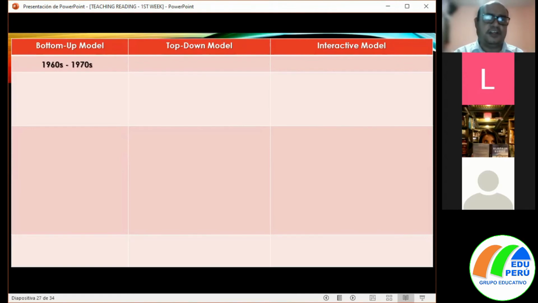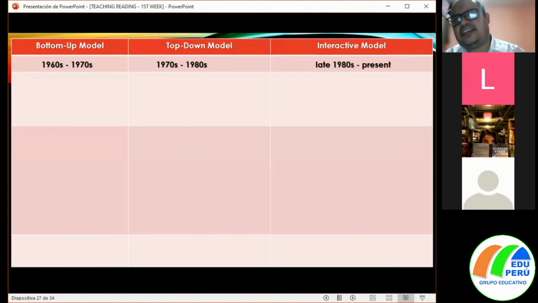A little of history. The bottom-up model appears in the 1960s until 1970s. The top-down model appears from the 1970s to 1980s. And this interactive model, late 1980s until now, the present.